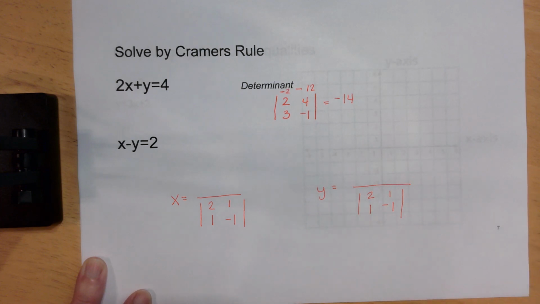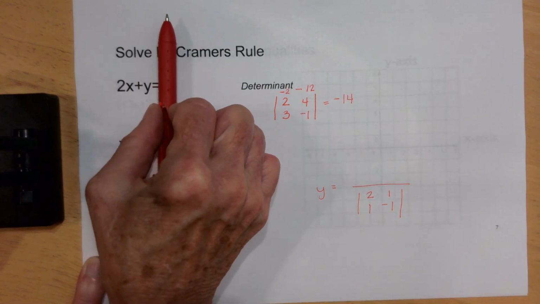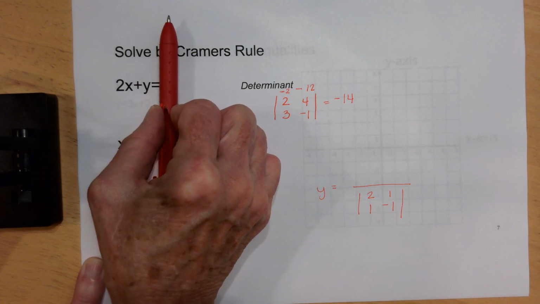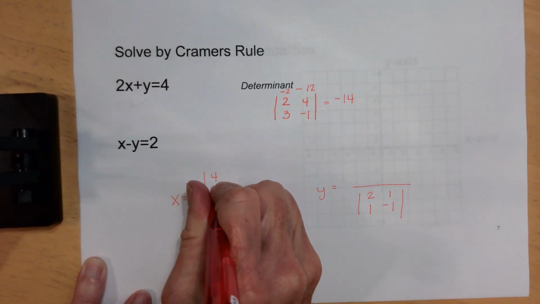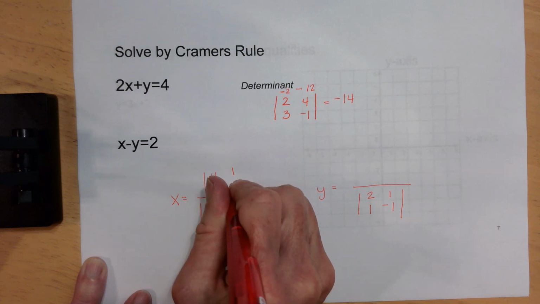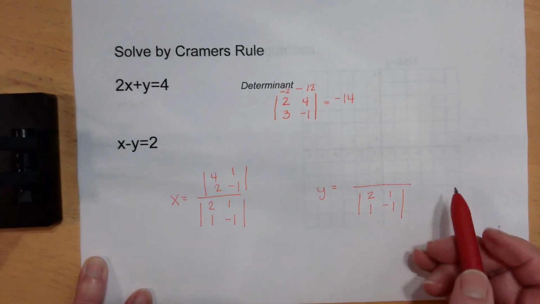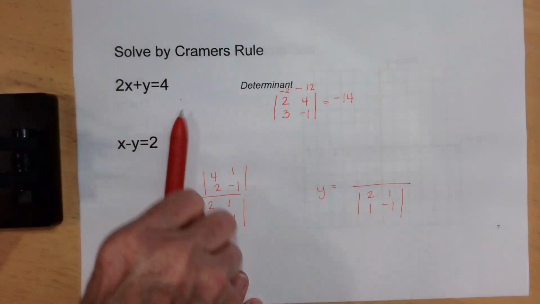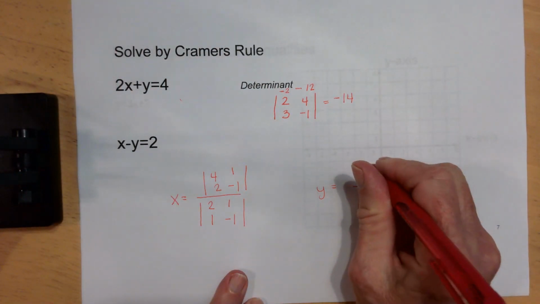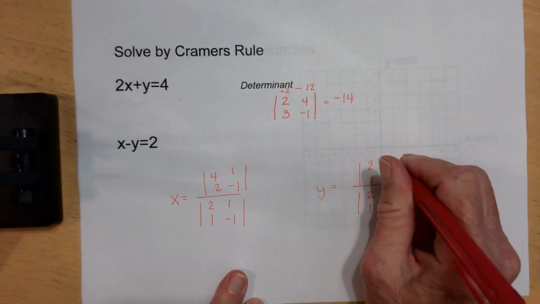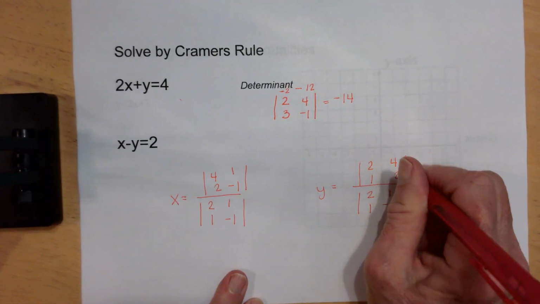Then I'm going to go and read backwards, and I'm going to go last and then middle. So I have a 4, a 2, a 1, a negative 1. Then on the y, I'm going to do first and last. So I do 2 and 1, 4 and 2.